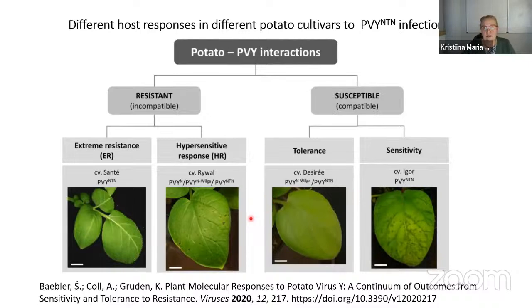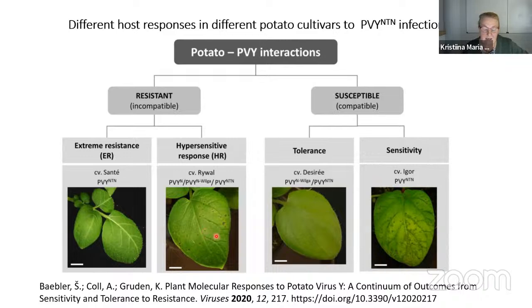We have different host responses towards PVY, for example this tuber necrosis virus strain, depending on the genotype of the potato. We have some potato genotypes, for example this Sante, that express extreme resistance against PVY. And in these leaves, upon infection, there is no multiplication of the virus and hardly any symptoms. Then we have this hypersensitive reaction in resistant cultivars like Rywal.